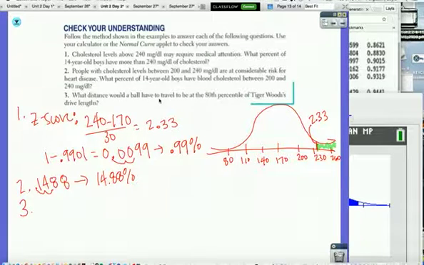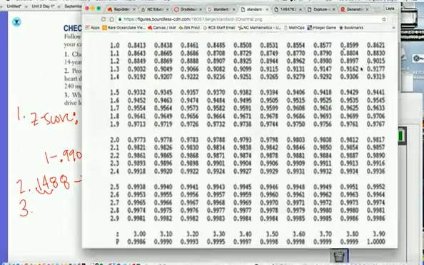What distance would a ball have to travel to be at the 80th percentile of Tiger Woods' drive lengths? If we're talking about the 80th percentile, what that means is that 80% of the drive lengths are less than the 80th percentile. So to be less than would be to the left side of the 80th percent. And so we would need to locate 0.80 on our table.